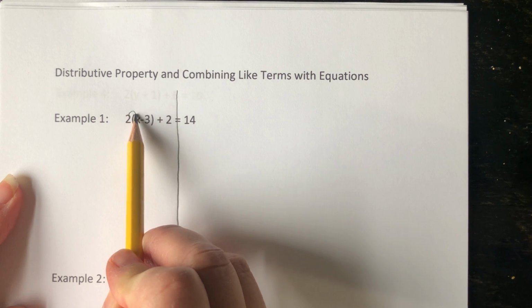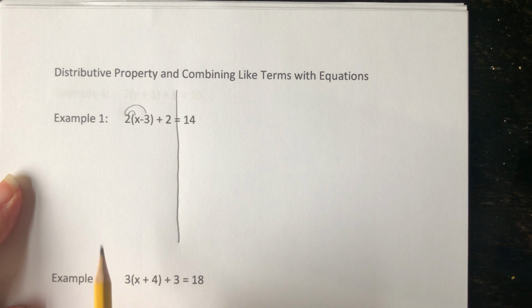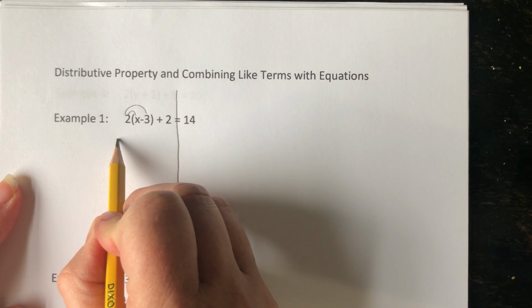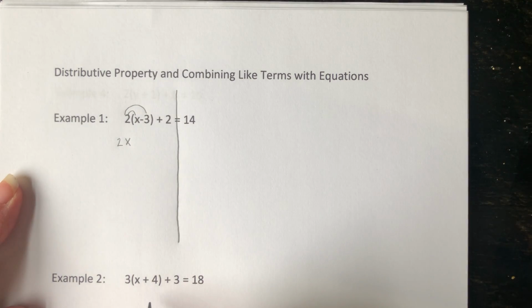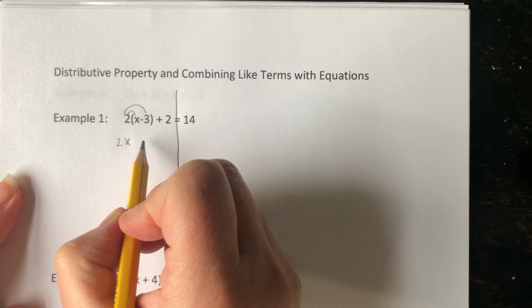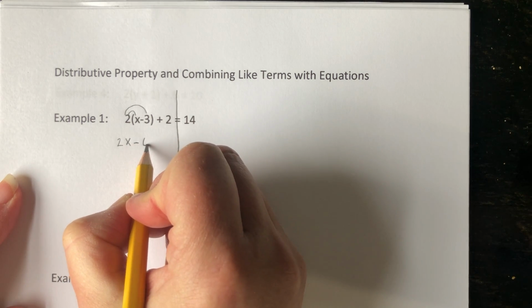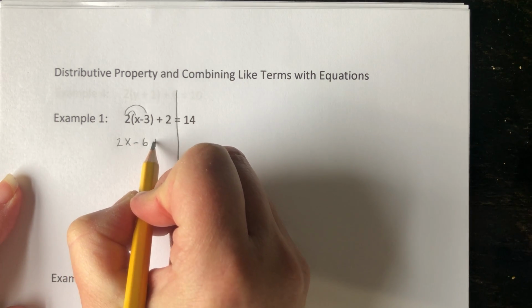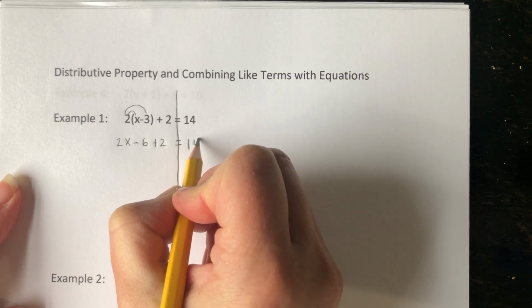So I'm going to take my 2 times x and my 2 times a negative or minus 3. So I know 2 times x is just 2x. 2 times a negative 3 is a negative 6 plus 2 equals 14.